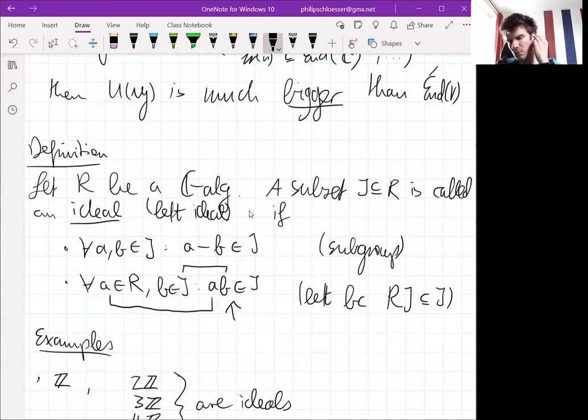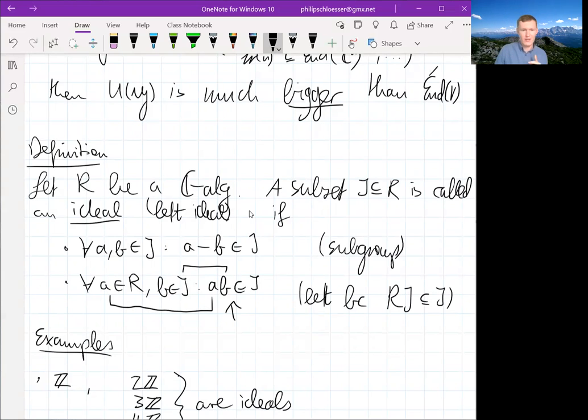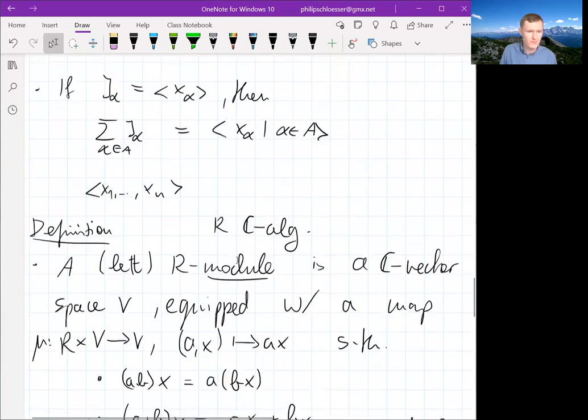And then this property just tells us that our group operation, we can restrict it to I, and it's still closed. And obviously, since it was an algebra to begin with, we still have the associativity and the fact that one acts trivially if it exists, and so on.